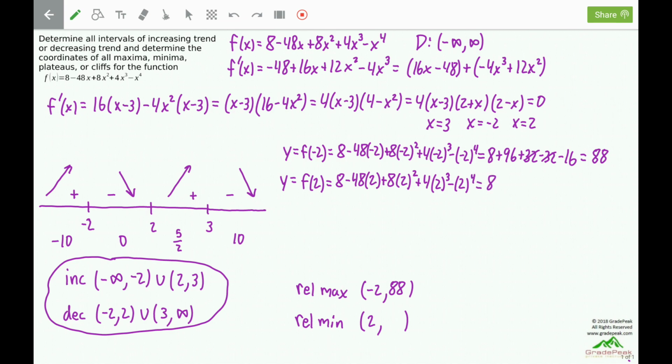A negative 48 times a 2 is a negative 96. 2 squared is 4 times an 8 is a positive 32. 2 cubed is an 8 times a 4 is another positive 32. And then 2 to the 4th is a 16 times the minus will be a minus 16.